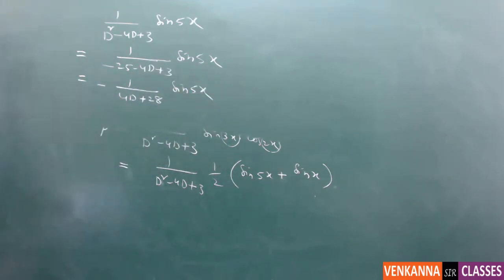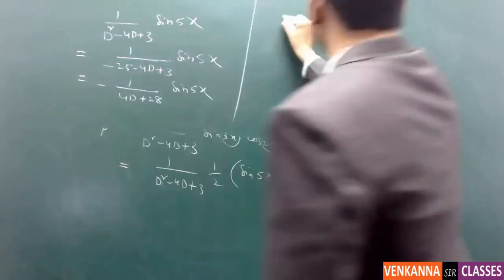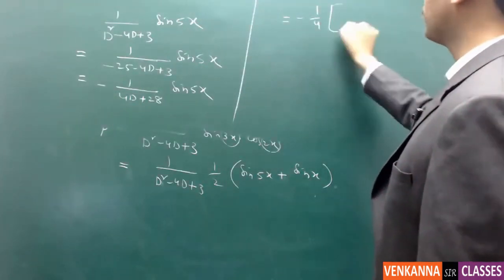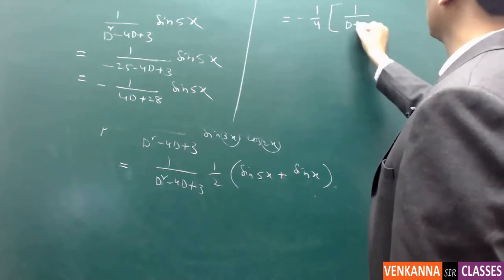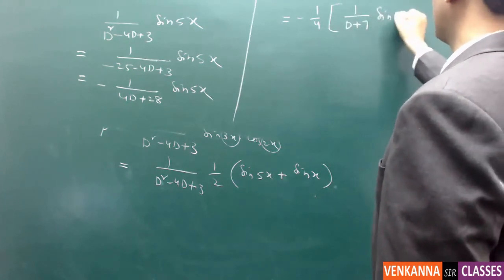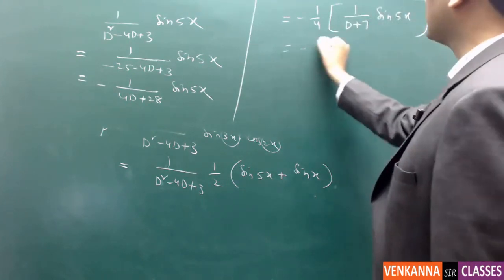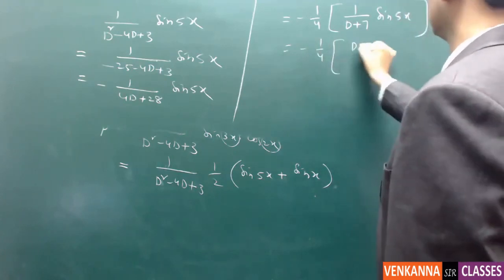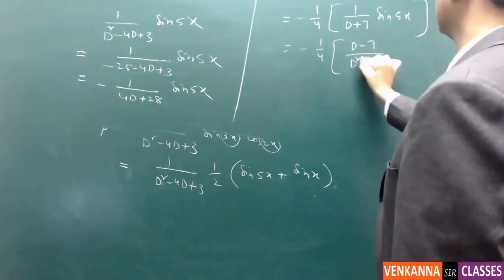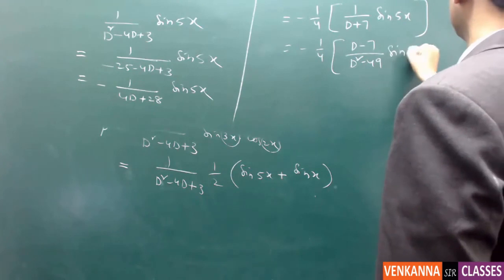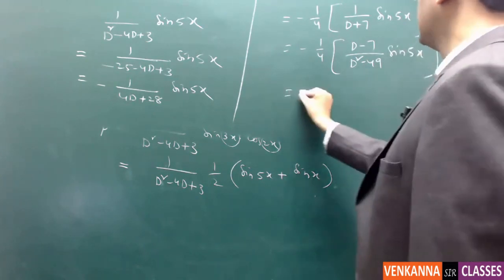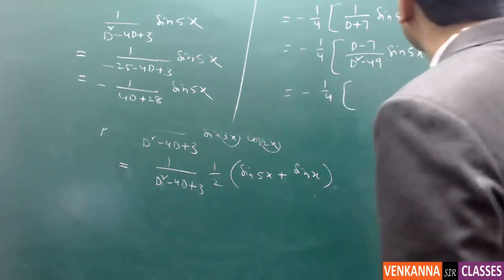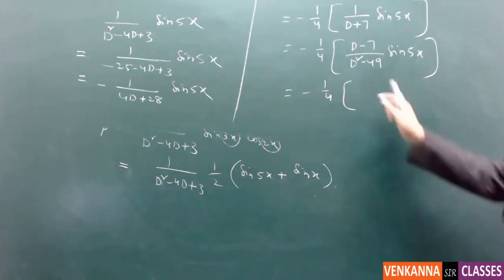You can common 4 also here. Minus 1 by 4 into 1 by d plus 7 sin 5x. To rationalize, then you have 1 by minus 4. So minus 25 minus 49.